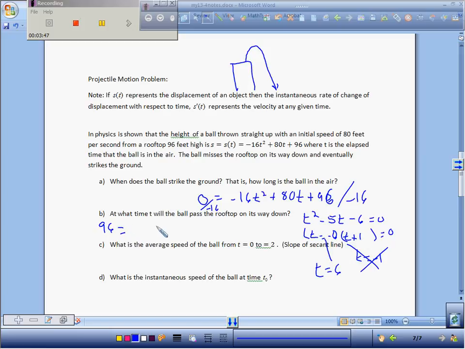Here. 96 equals negative 16t squared plus 80t plus 96, and then these go away.